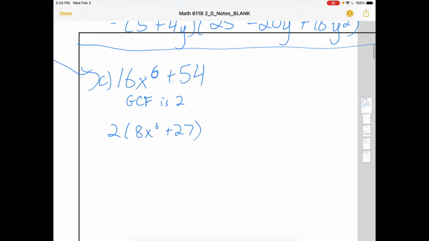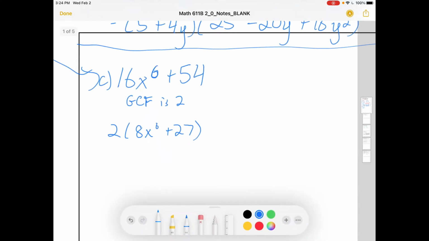And then that starts to make me think, oh, things are looking a little better here. 8x to the 6th: 2 cubed gives you 8, and x squared cubed gives you x to the 6th. So really this is 2x squared, all cubed, plus, and this is obviously 3 cubed, the 27.